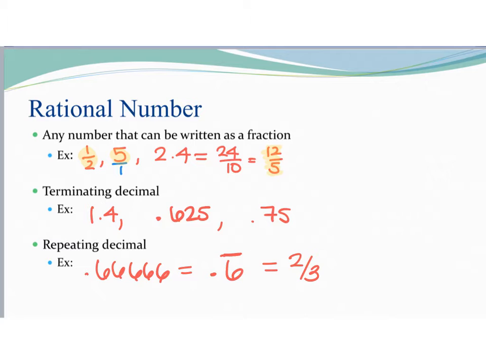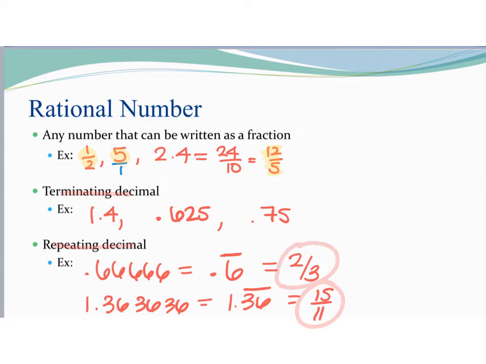Or I could give you something like 1.363636, and these continue to repeat, so I could just write 1.36 and put my repeating bar over the 36, and this I could always write as a fraction of 15/11.